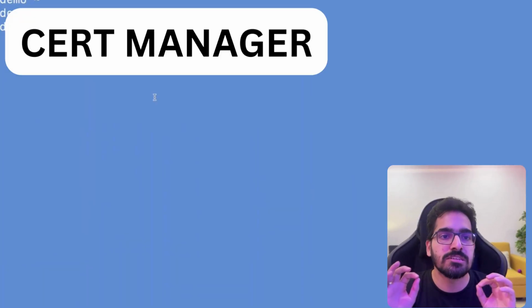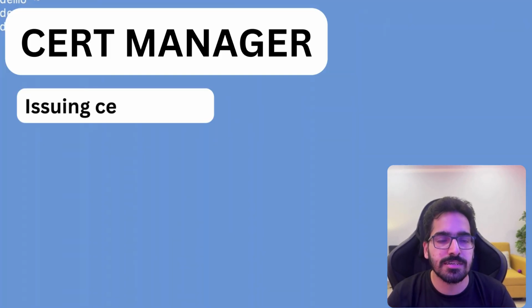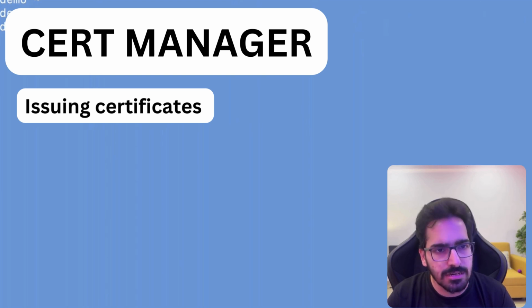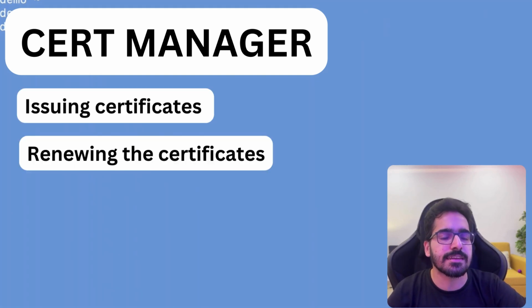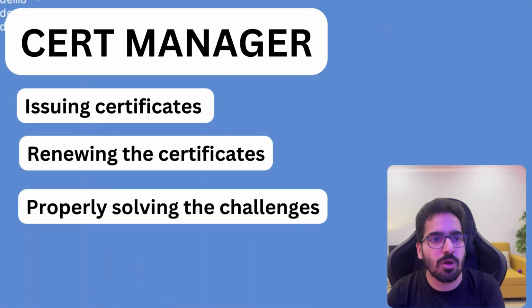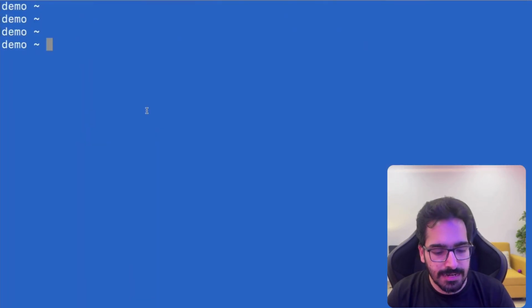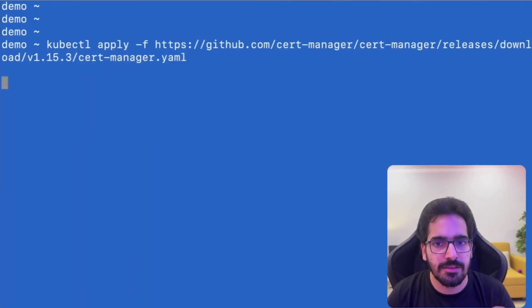Okay, now we will go step by step. First step is to install Cert Manager. Cert Manager is a project that we will be using for certificates, like issuing the certificate, renewing the certificate, making sure it is properly solving the challenges as per the solvers mentioned inside. It's a very simple command, kubectl apply from the Cert Manager documentation that we are using.